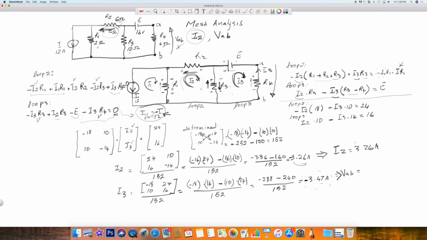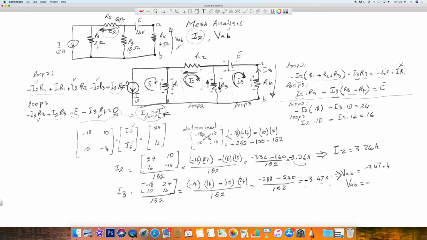So what is I3? My minus 3.47, times R4, which happens to be 4. So VAB is going to be 3.47 times 4, so that's minus 10.4 volts.